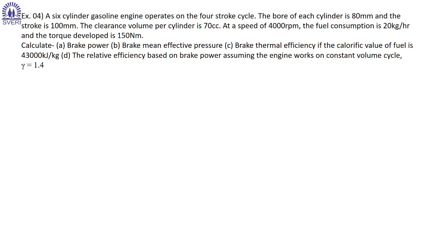So calculate, A, the brake power, B, the brake mean effective pressure, C, the brake thermal efficiency, if the calorific value of the fuel is 43,000 kilojoule per kg, and D, the relative efficiency based on brake power, assuming the engine works on a constant volume cycle. The gamma is given as 1.4.